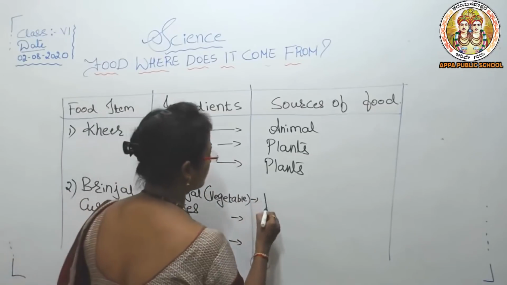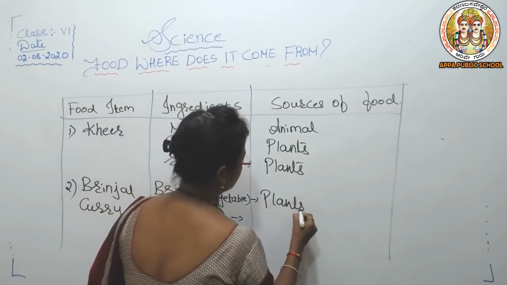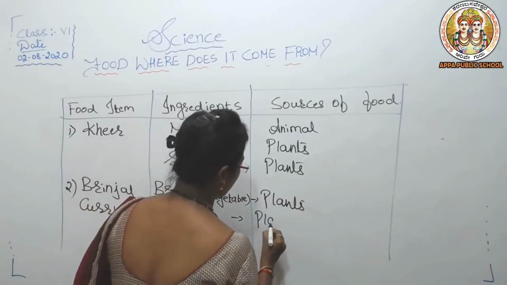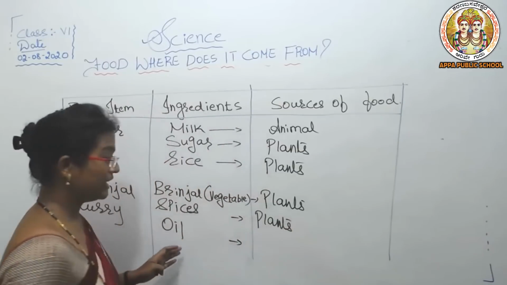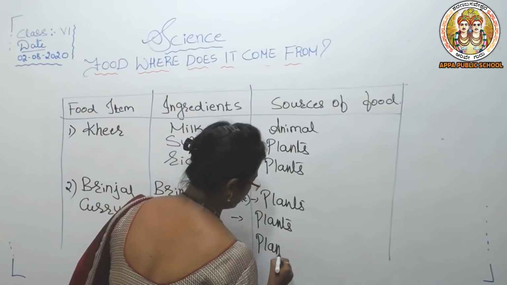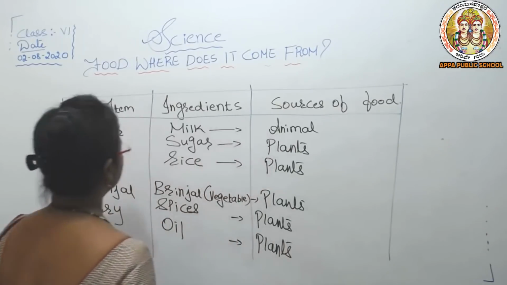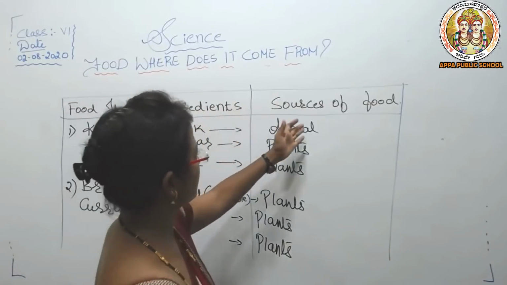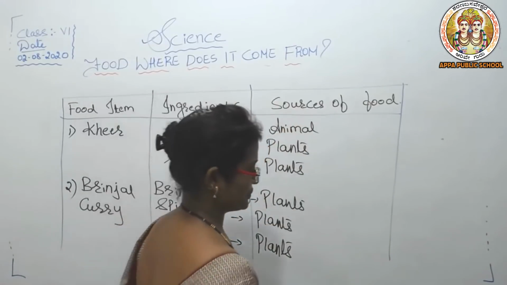We get it from plants. Spices we get from plants. And even oil we get from plants. So this is about food items, ingredients, and the sources we are going to use.